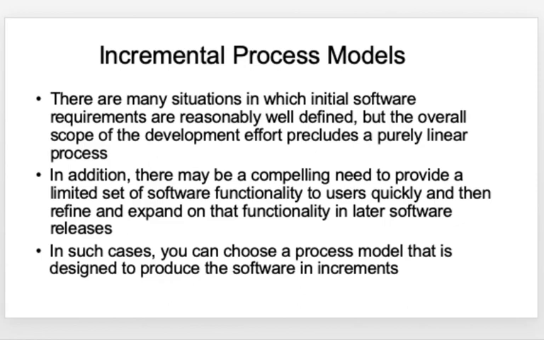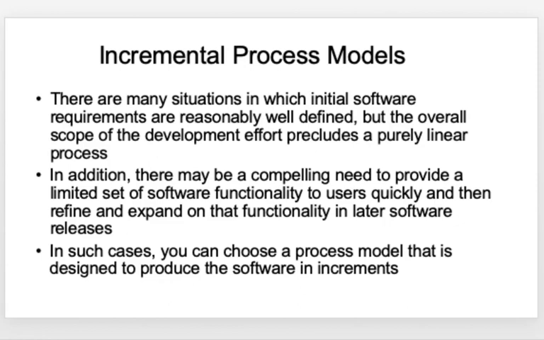So we look at a different prescriptive model that possibly overcomes the issues faced in the waterfall model. This model, what we are going to discuss now, is called the incremental process model. So when can I use the incremental process model? Whenever the initial requirements are reasonably well defined, the overall scope of the development effort precludes a purely linear process.